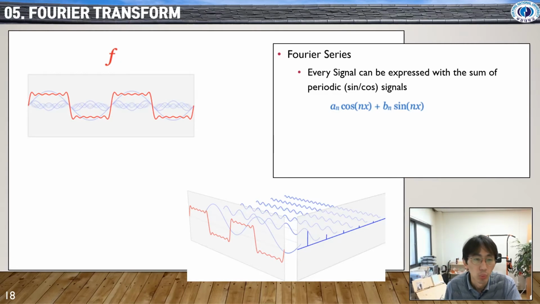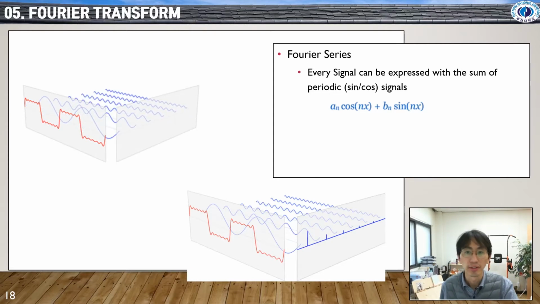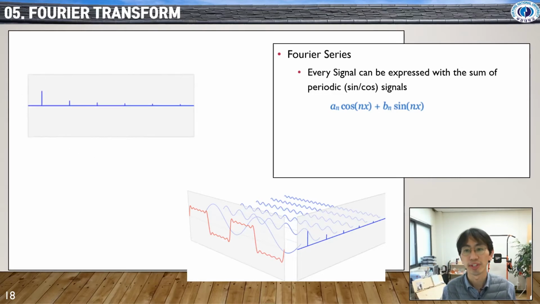Okay, then what can we do? There are many options these days, and one of them is the Fourier Transform. Every signal can be expressed as the sum of periodic sine or cosine signals.